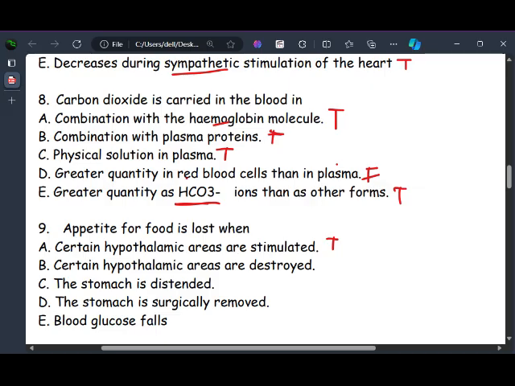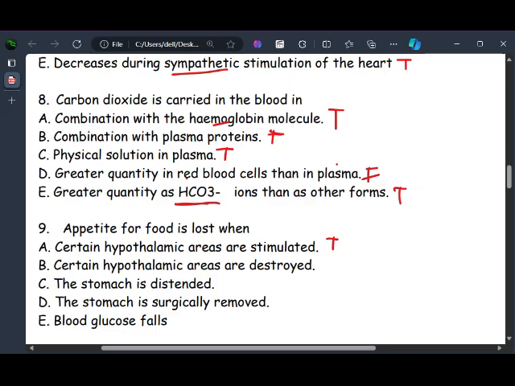So you have both hunger and satiety. If the satiety areas are stimulated, then you're going to have loss of appetite because you're going to feel full.